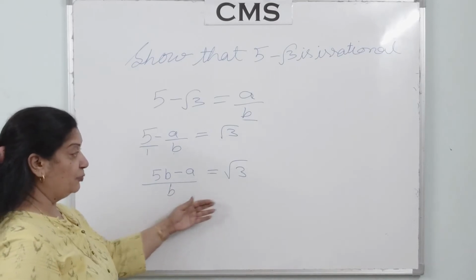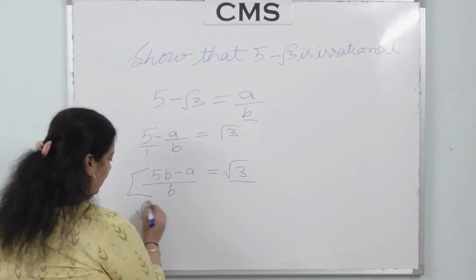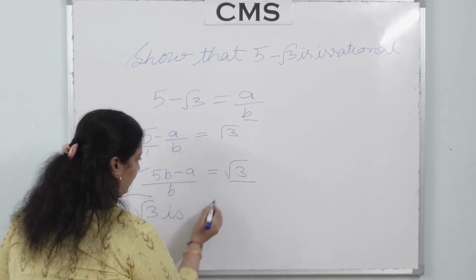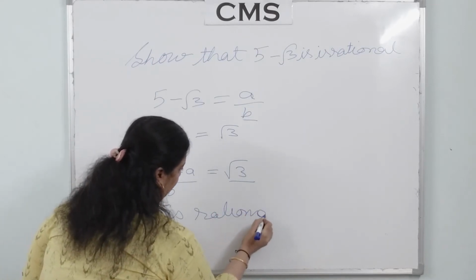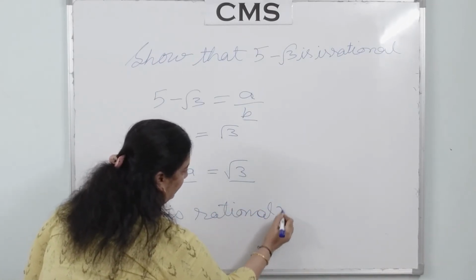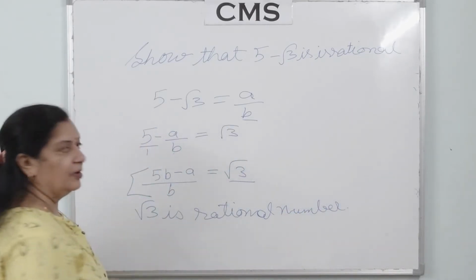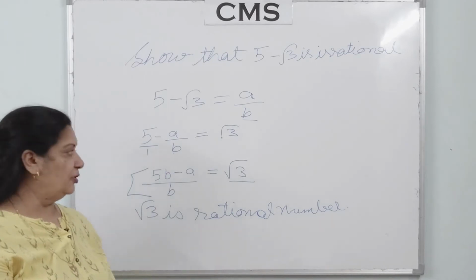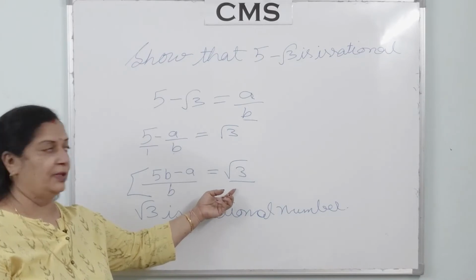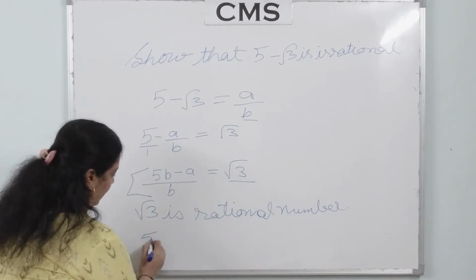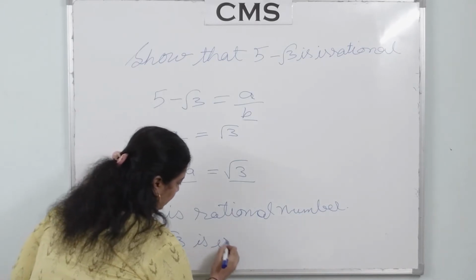By this we prove that the value of root 3 came in the form of a rational number, so root 3 is a rational number. But on the contrary, we know that 3 is a prime number, and under root, 3 is an irrational number. So the number 5 minus root 3 is irrational.